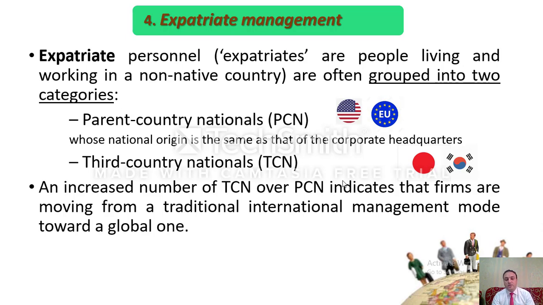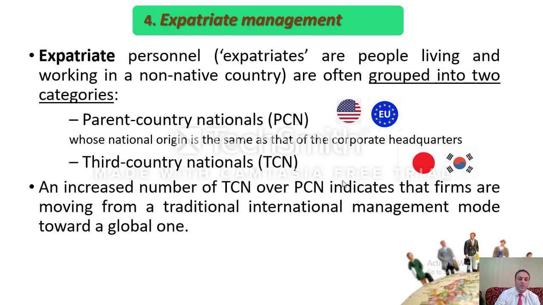There are the parent country nationals, or PCN, whose national origin is the same as that of the corporate headquarters. That is, if the corporate headquarters is in France, for example, then this parent country national, or this expatriate, is a French person, and we can see this in countries or corporations like those from the United States or European Union and so on.